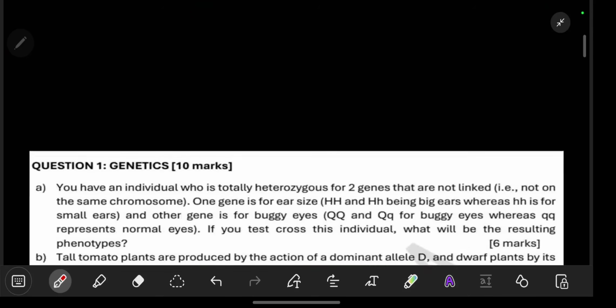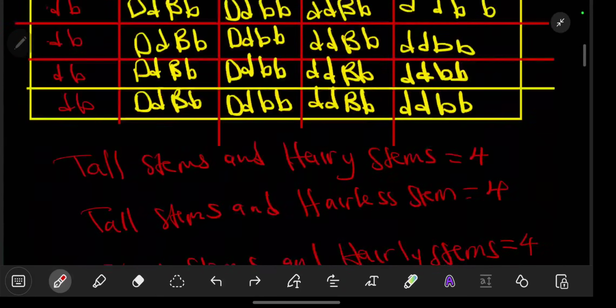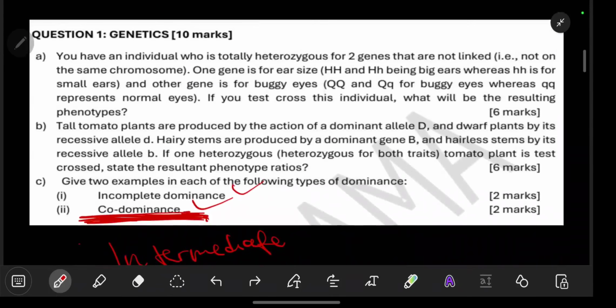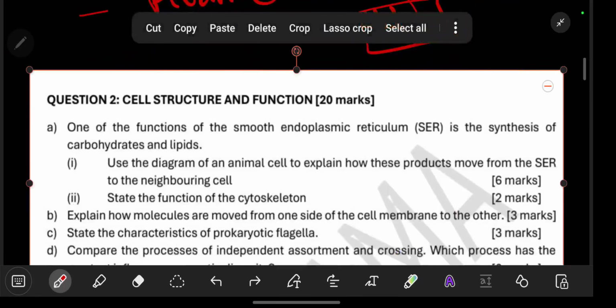So as you can see, you can always watch that other video. As long as they use a test cross, the individual is the one with both traits that are recessive. Always remember that. So for any question that involves the test cross, that is what you are going to do.